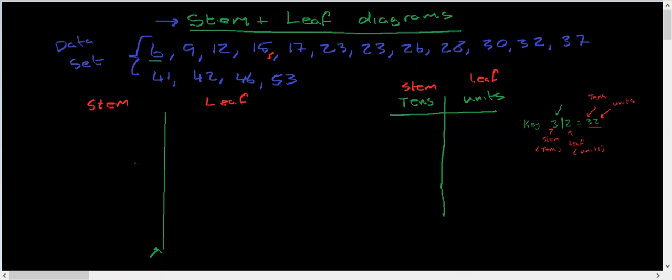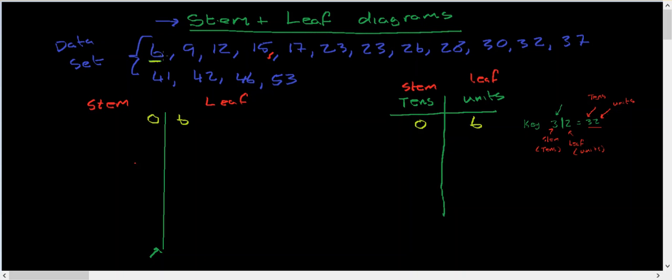So if we take our numbers, let's say we start with the number 6. In the number 6 there are 0 tens and 6 units. So how would we represent that? We would put a 0 here, which represents the tens, and then we would put a 6 here, like so.